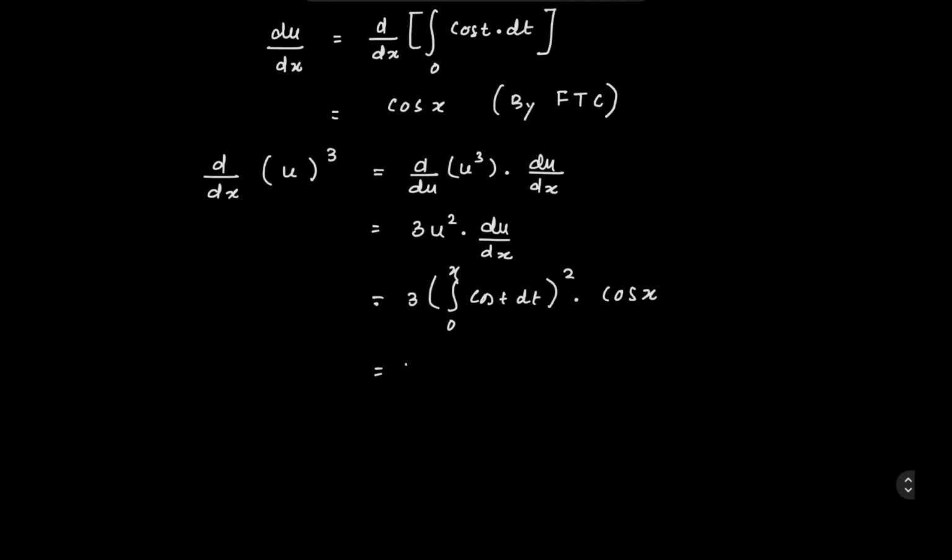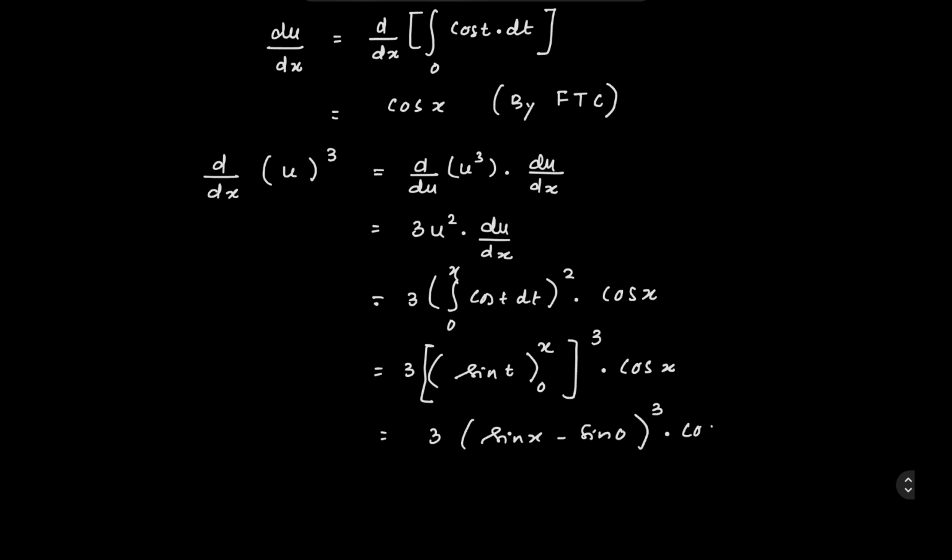Now this is equal to 3 times... what is the integral of cos t? That is sin t. And then this is from 0 to x, whole squared, into cos x. So this is 3 times (sin x minus sin 0) whole squared into cos x, which is 3 sin squared x cos x.